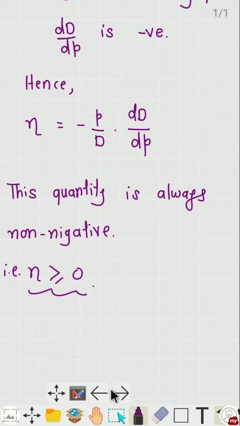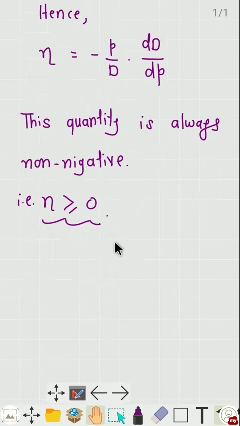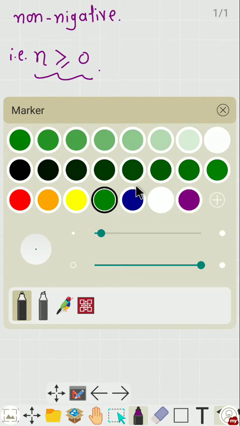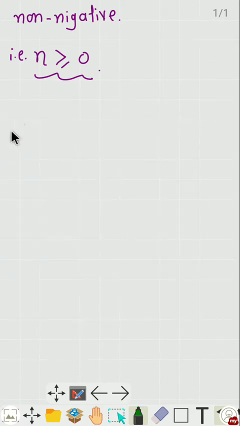Okay, and we write some notes here. Our first note is, if eta is equal to 0, demand D is constant and the demand is said to be perfectly elastic.